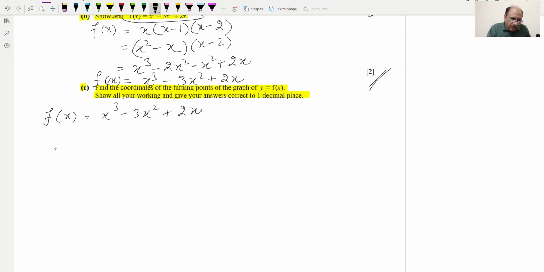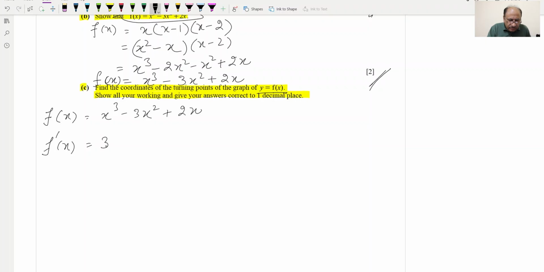Now we can find f dash of x. For turning points, we will calculate f dash of x and put it equal to 0.